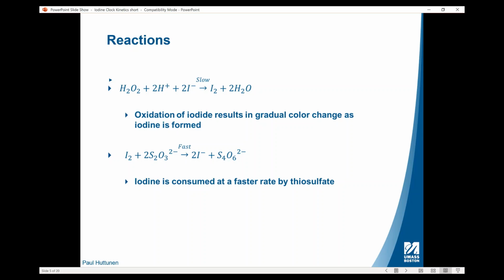So we are oxidizing iodide into iodine, and the hydrogen peroxide is being transformed into water, in addition to H pluses. At the same time, we are doing a secondary reaction where the iodine is being consumed by the thiosulfate.